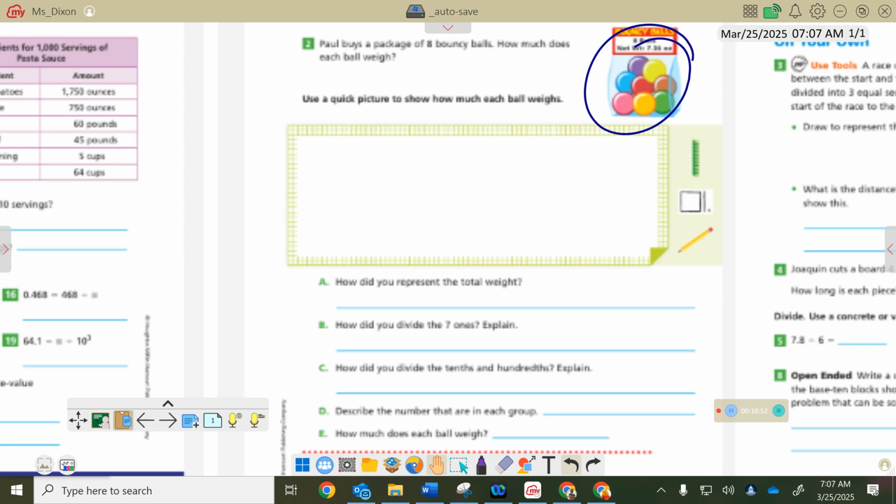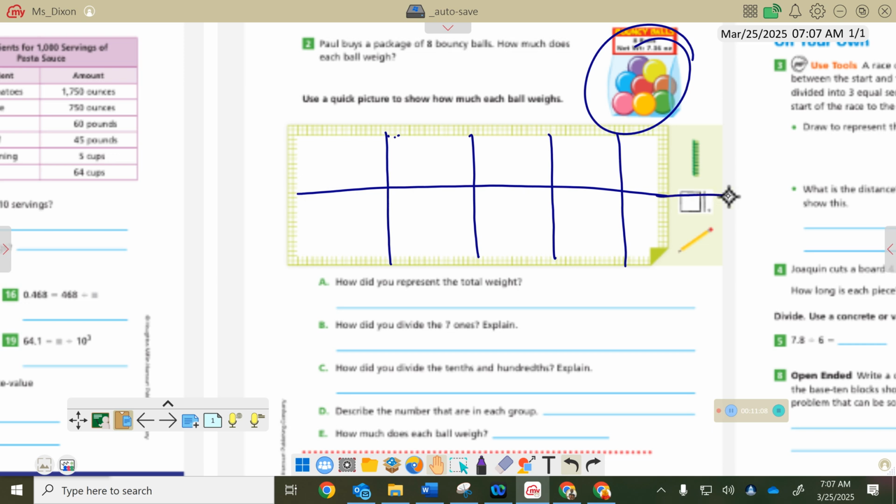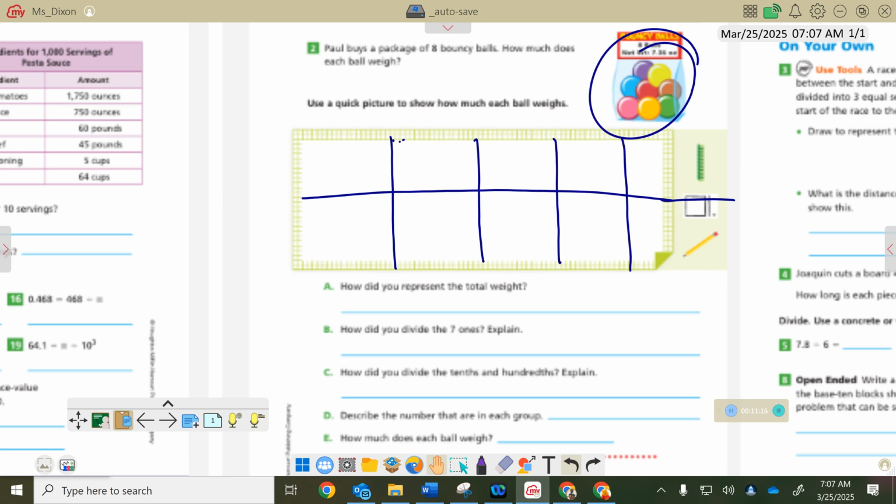So I'm going to separate my box into 8. This is just to help keep me organized. Each one of these boxes is going to represent one bouncy ball. I'm going to start giving tenths until I have used 70 tenths, which would represent my 7 wholes.